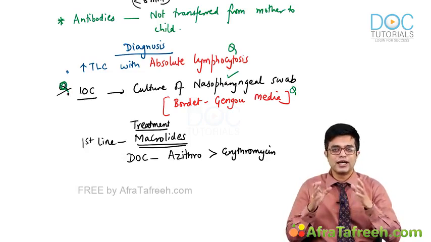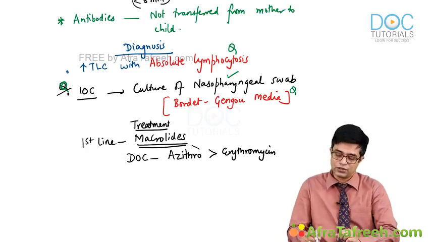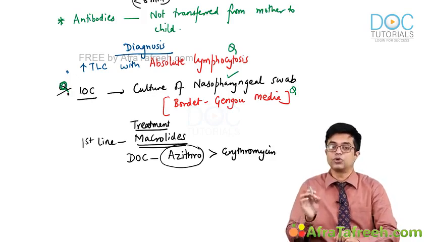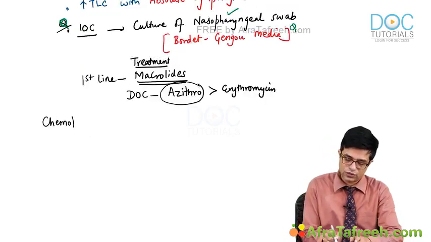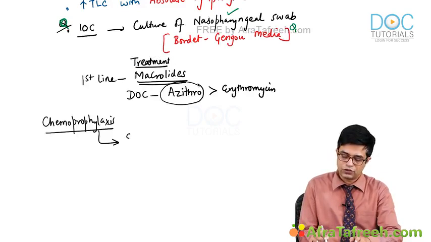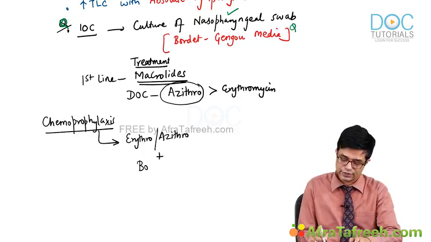Azithromycin single dose and 5-day course is good enough, and that is why azithromycin is now considered the drug of choice. And for chemoprophylaxis, in all household contacts, you need to give erythromycin or azithromycin along with booster dose of vaccination.